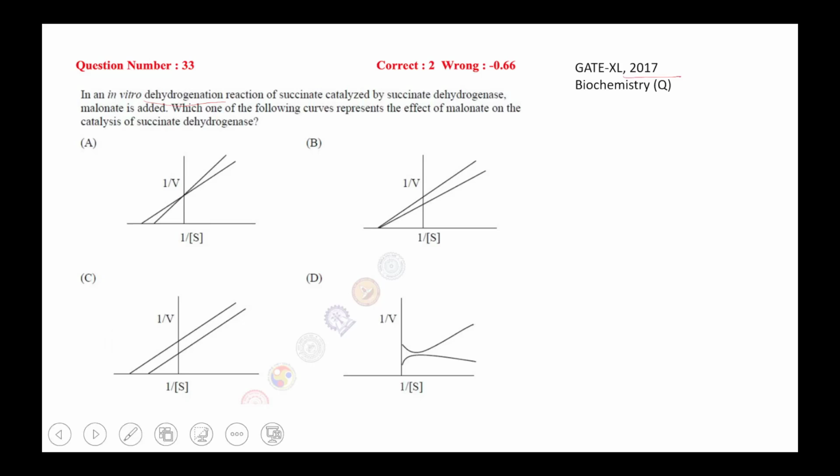So before going directly to the question, let's start from some basics. Enzyme kinetics. So what happens in an enzymatic reaction? Generally we have one enzyme with an active site.